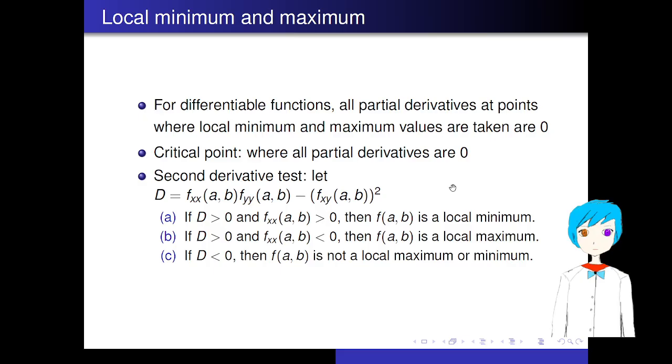If d is greater than 0 and fxx is smaller than 0, then f(a,b) is a local maximum. So this is like the delta for the second order equation. If d is smaller than 0, then f(a,b) is not a local maximum or minimum, and nothing can be derived here.